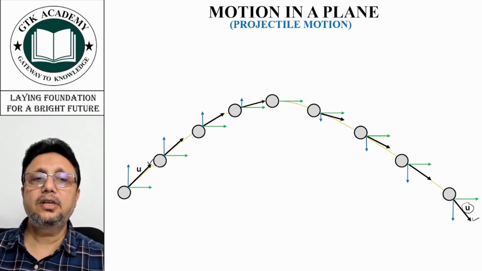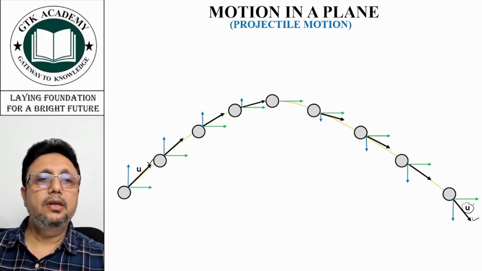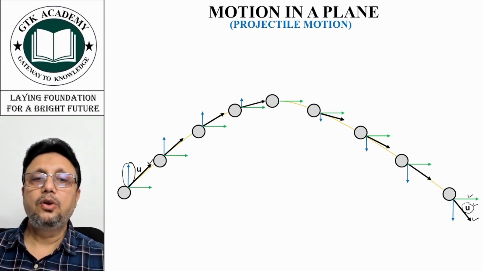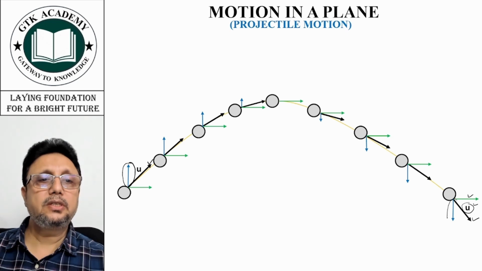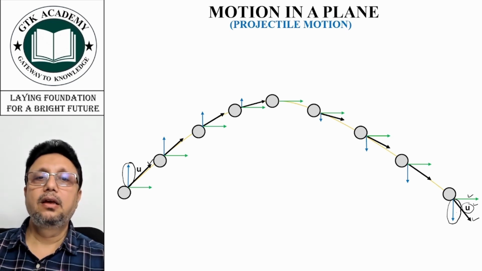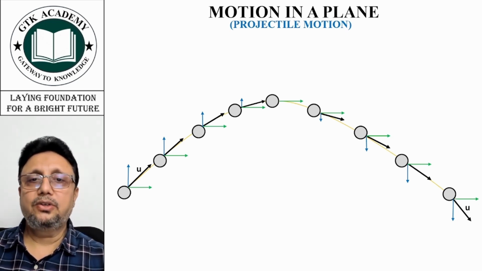Initially you had u in this direction, now you will have u in this direction. As you have the horizontal component unchanged, the vertical component, whatever you have here, you have just the opposite or reverse of that here. I hope that you are clear with this.